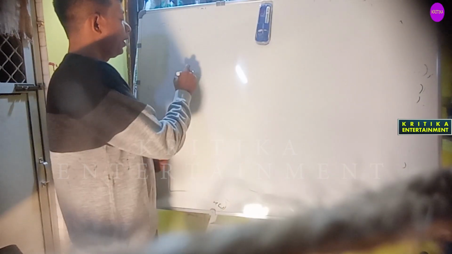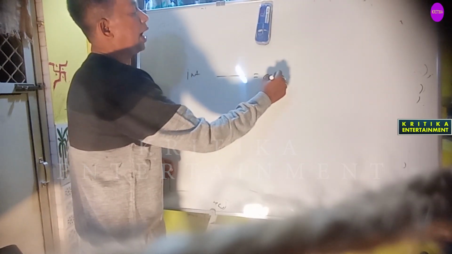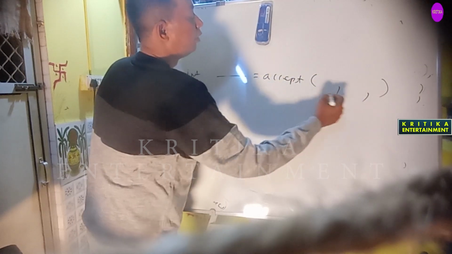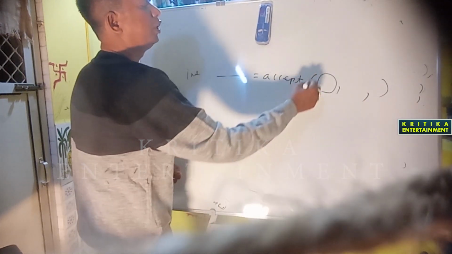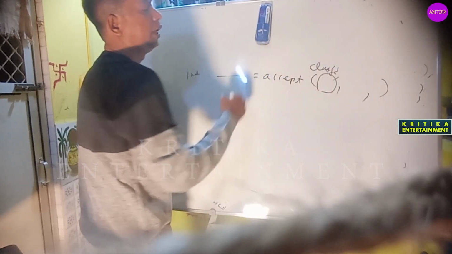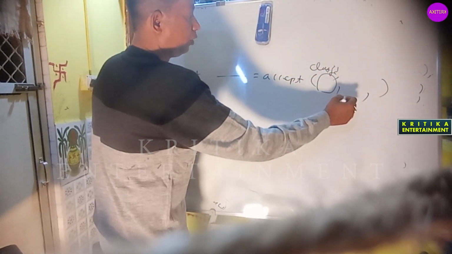First, here write int, and here we will write accept. It also takes the 3 arguments. First argument, always remember, is called the server FD.